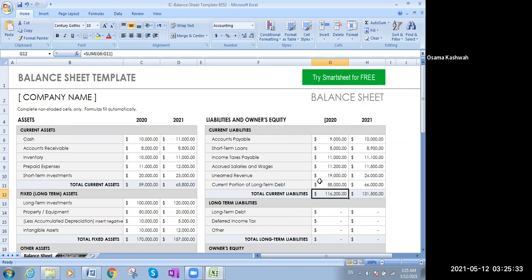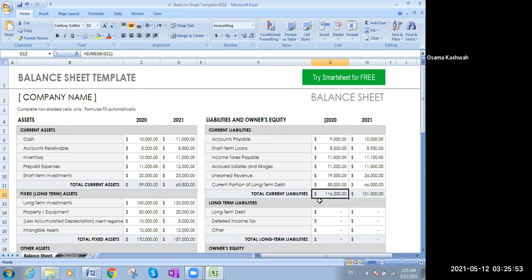Where is the G6? This is column G, this is G6, from G6 to G11. And you find the numbers are written up in the function.